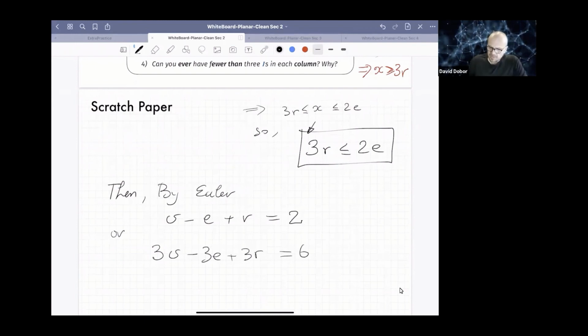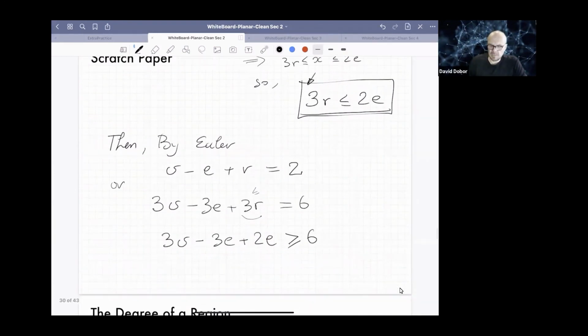Because 3R is less than or equal to 2E, I'm going to substitute 3R with something bigger, like 2E. So 3V minus 3E plus 2E, because for that term I got something bigger, is going to be bigger than 6. Do people agree? I've just substituted this term by something bigger. And what does that say?